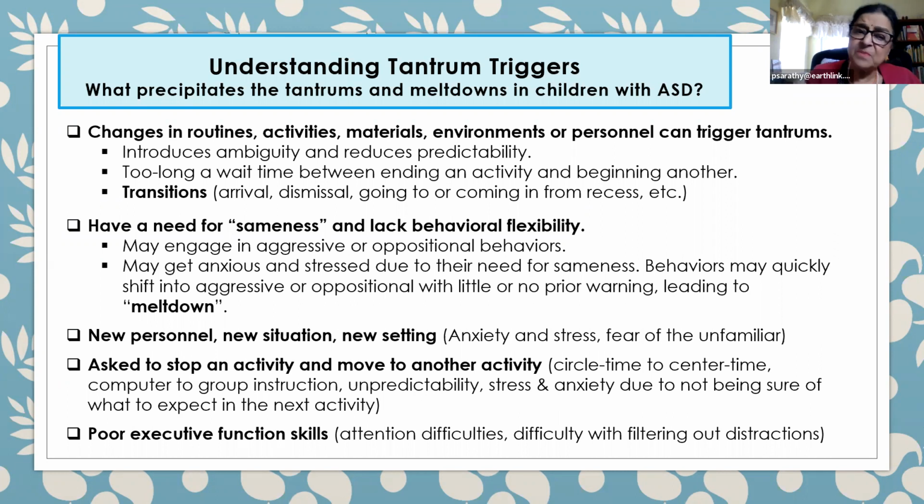They get anxious, even though they may have had the same routine every day. If there is a slight change, they find it very difficult to adjust. And so behaviors quickly turn aggressive or oppositional with practically no advance warning to you. And so that's what leads to the meltdown.